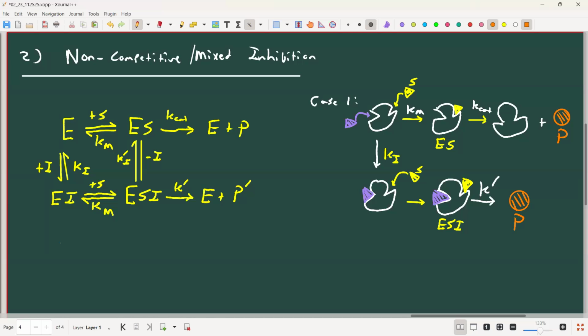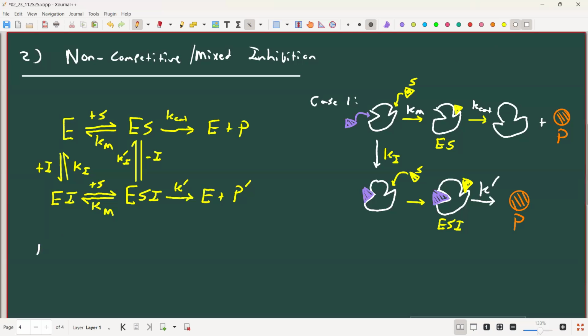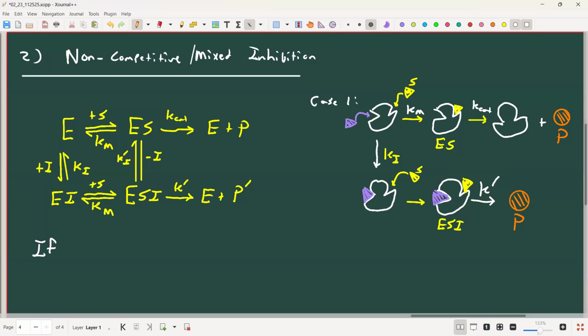And what you find is that, we'll just look at one example.